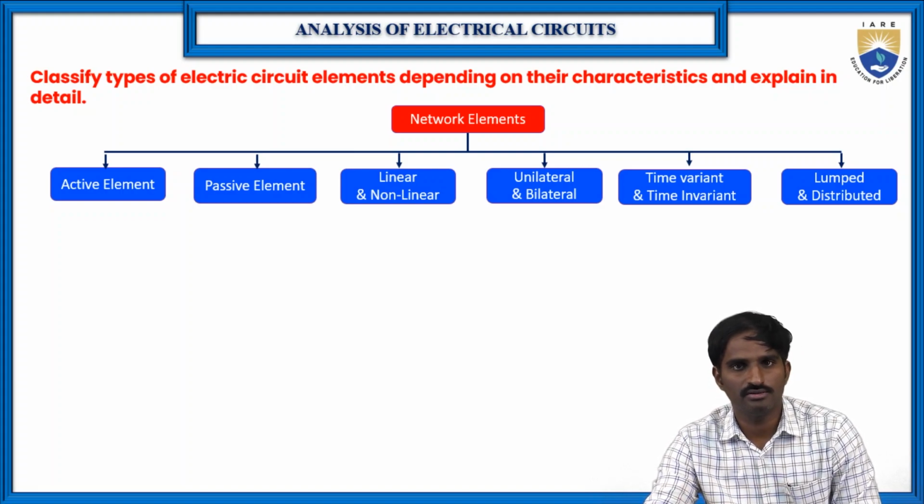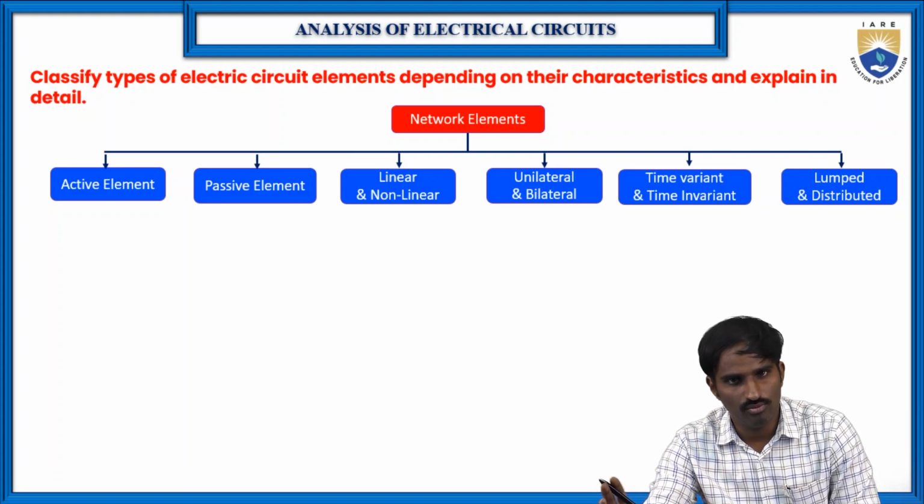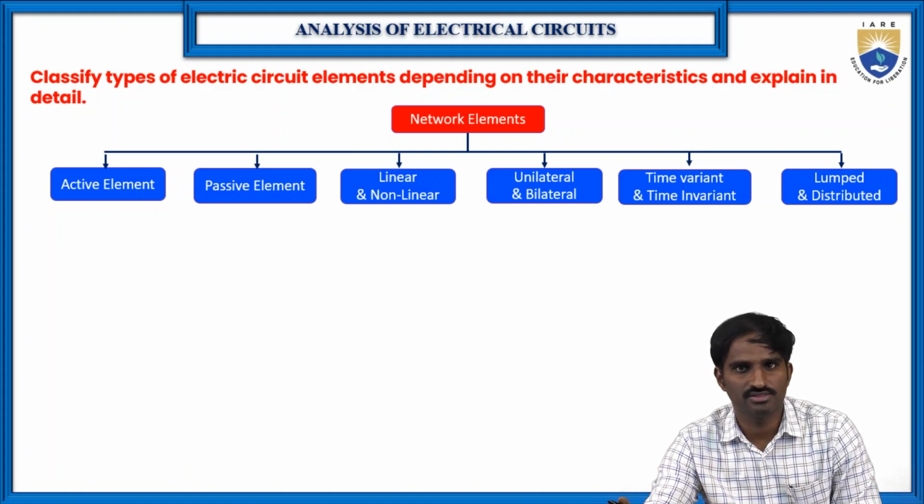Of course, basically the total network elements, especially in the electrical circuits, are the voltage source, current source, right, and resistor, inductor, and the capacitor, right. These are the 5 elements that we are going to use in the electrical circuits.